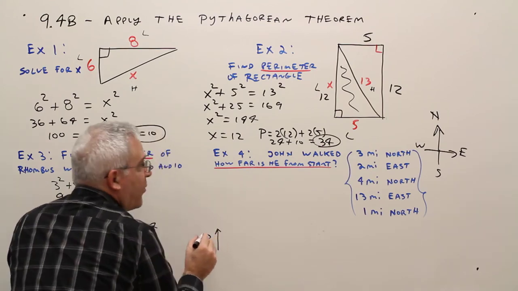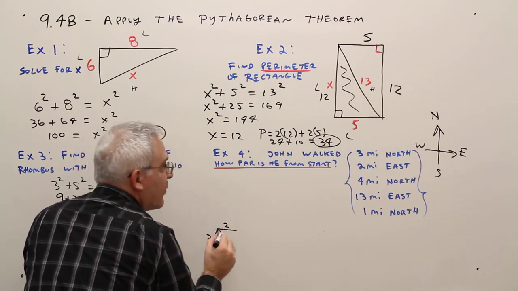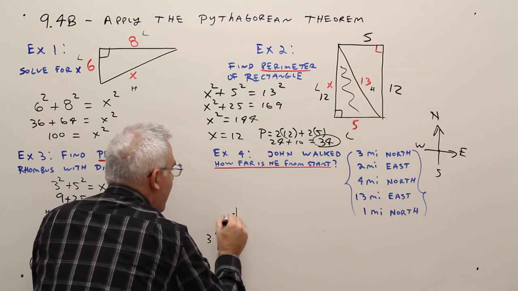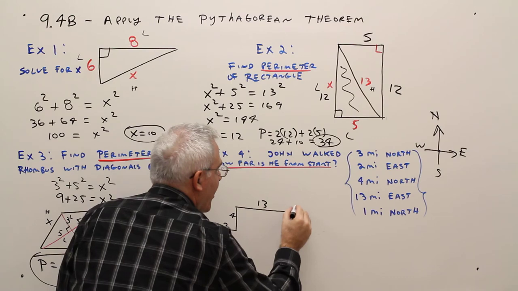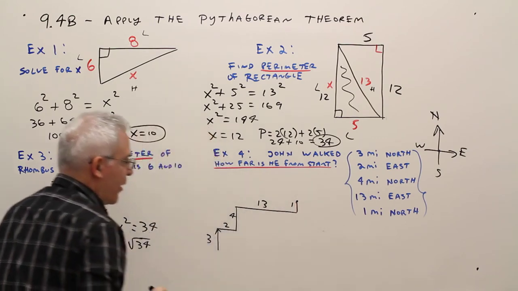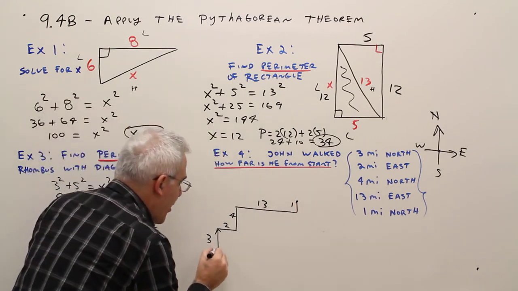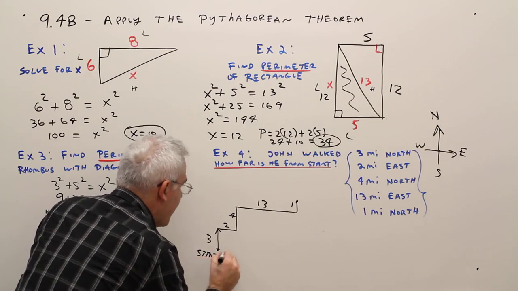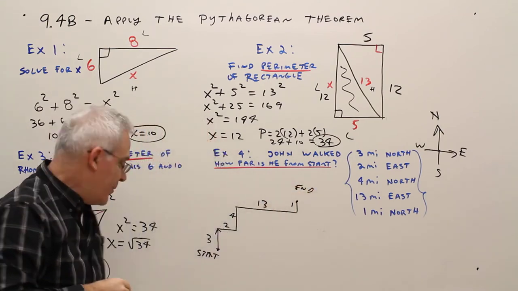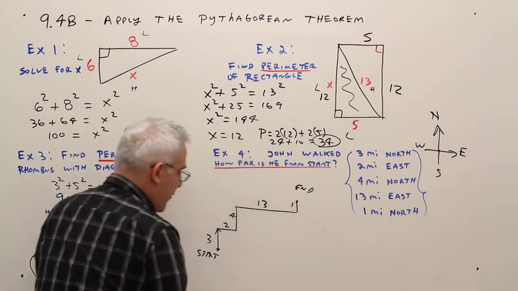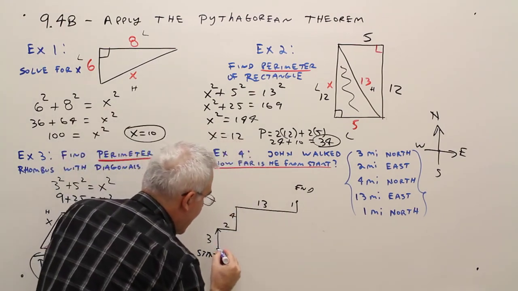So he went 3 miles that way, 2 miles that way, 4 miles that way, 13 miles that way, and 1 mile that way. And basically what we're going to know is the distance from the start to the end. Well, what I'm going to do is just draw a straight line from the start to the end.